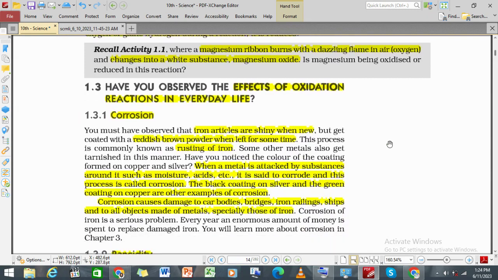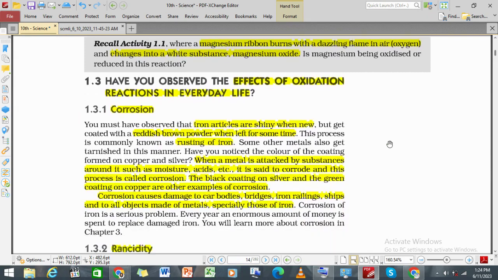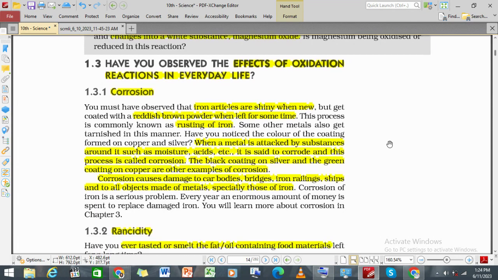All right, and here we can see when magnesium ribbon is burned, it gives out white flames and magnesium oxide is formed. Now this is an oxidation reaction because magnesium is combined with oxygen to give out magnesium oxide.